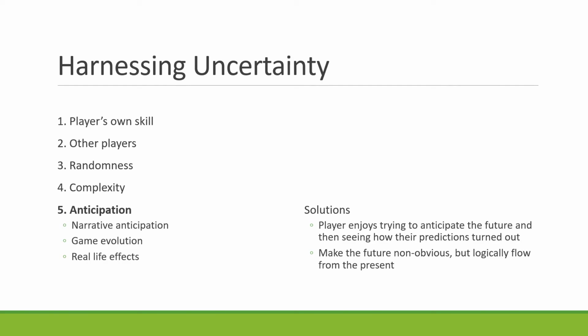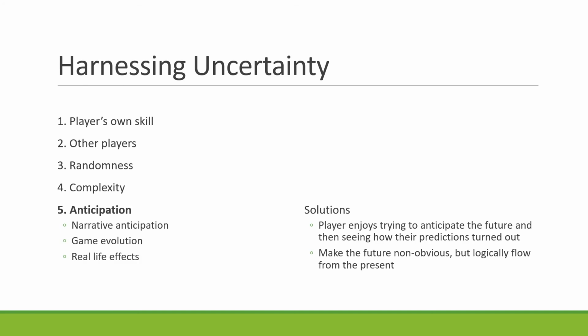And then if our uncertainty is heavy on anticipation, whether it's narrative or anticipating game evolution or anticipating real-life effects of the game on them, we can help the player by letting them make predictions and giving them space to fail in a safe way before we challenge them in a more difficult way, and make the future always logically flow from the past, even if the effects were not obvious.